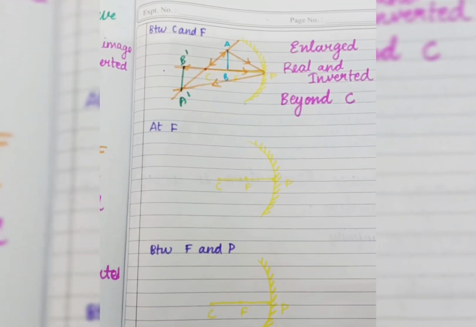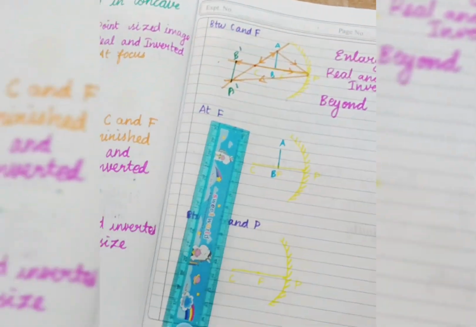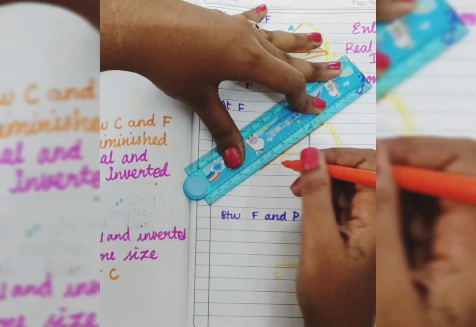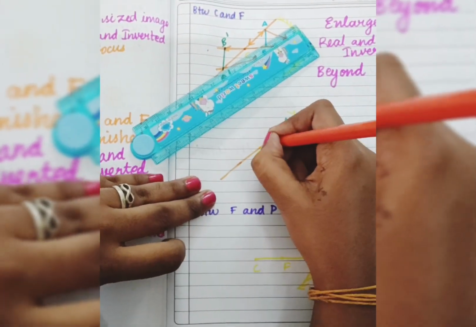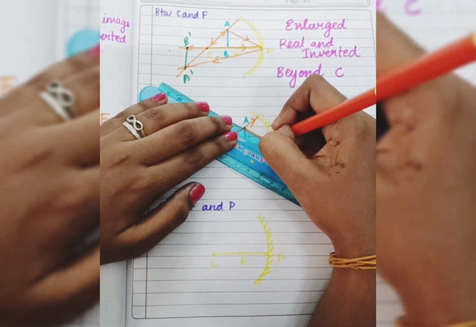Now the position of the object is at focus. The ray from A is passing through curvature. Another ray is passing through the pole.